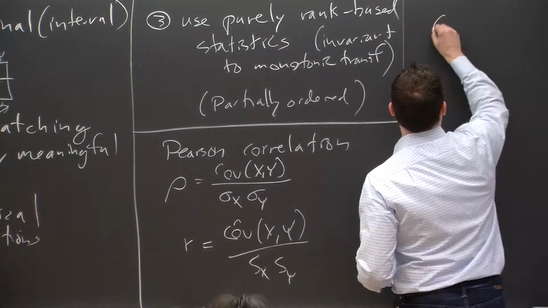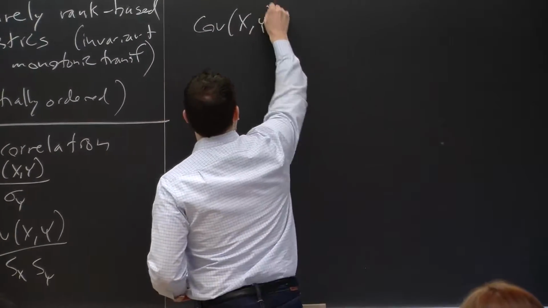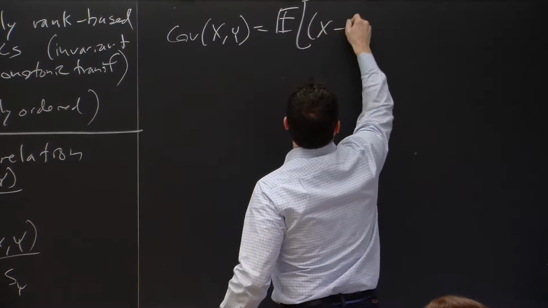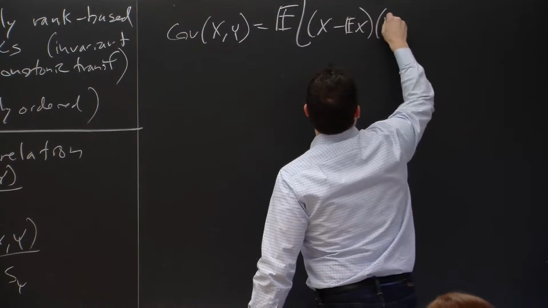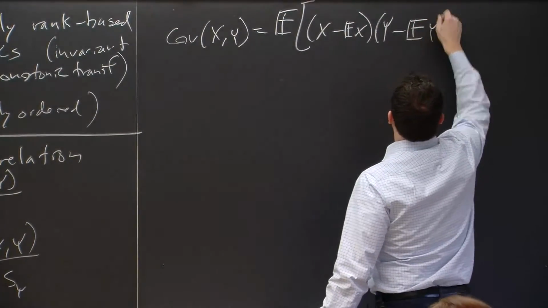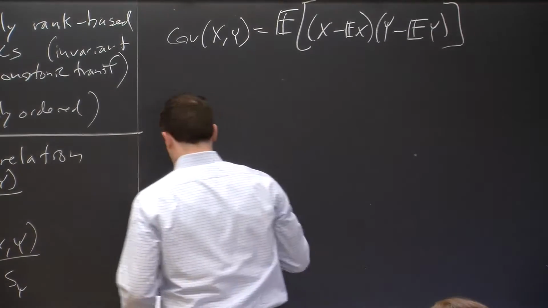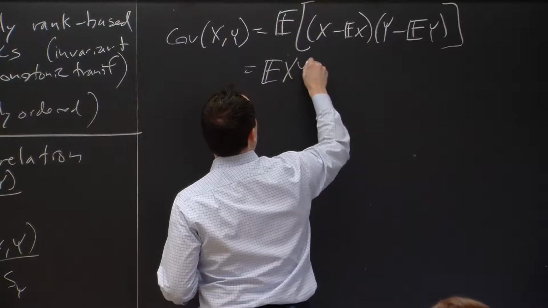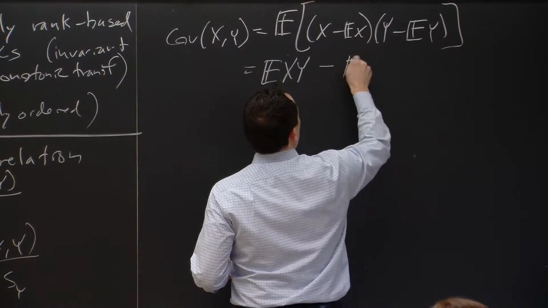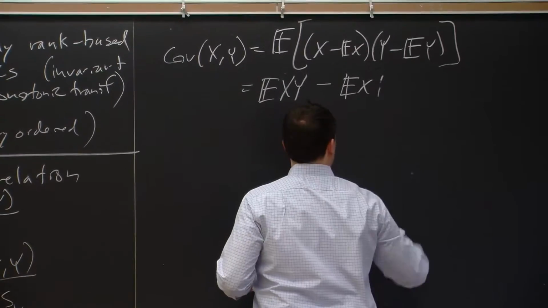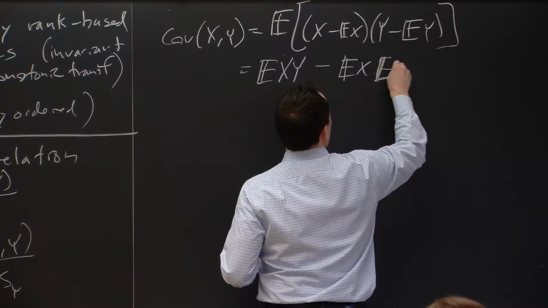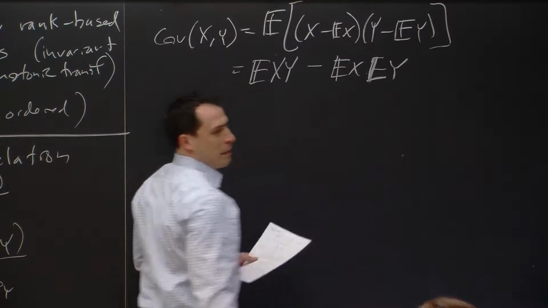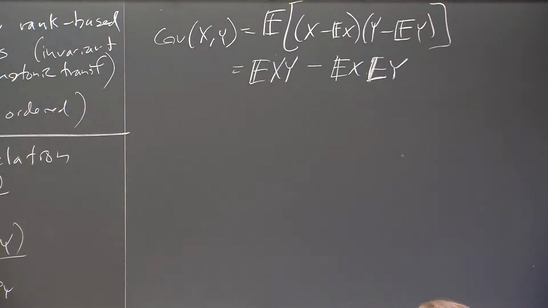And just to remind you, covariance of two random variables is the expected normalized product, which simplifies. And you can also use this to think about the variance. Just let x equal y. So you have the mean of the products minus the product of the means.